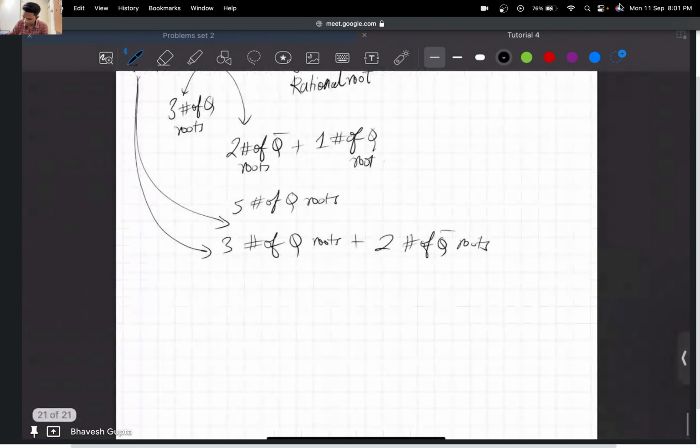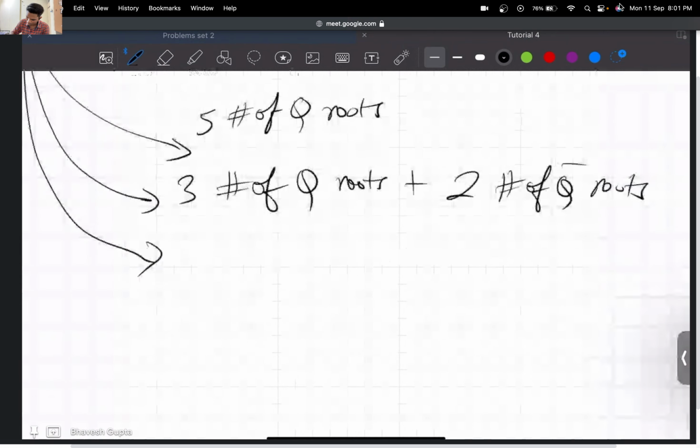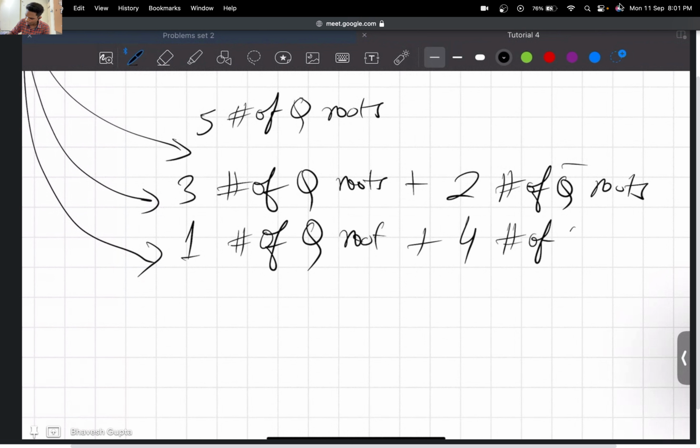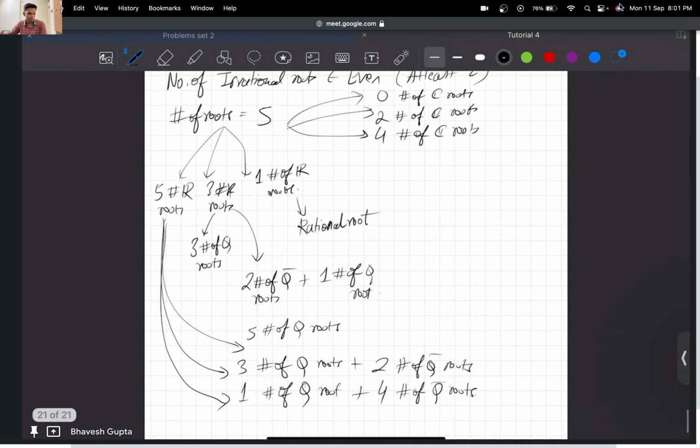And the next possibility you can see here is 1 rational root plus 4 irrational roots. So this is the tree of possibilities which I have shown you here. You can see the tree of possibility.